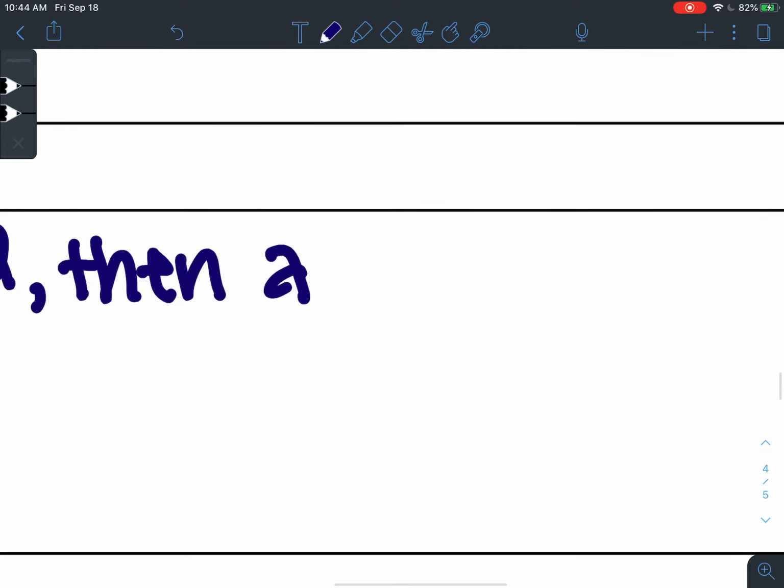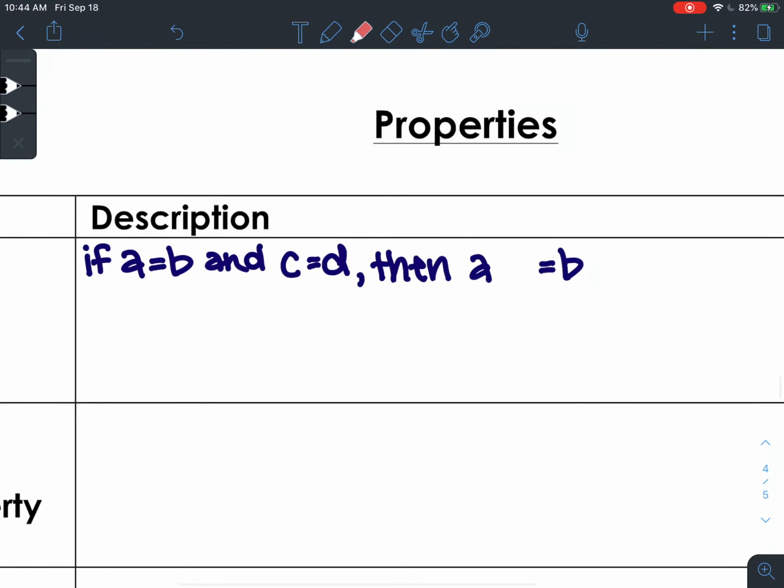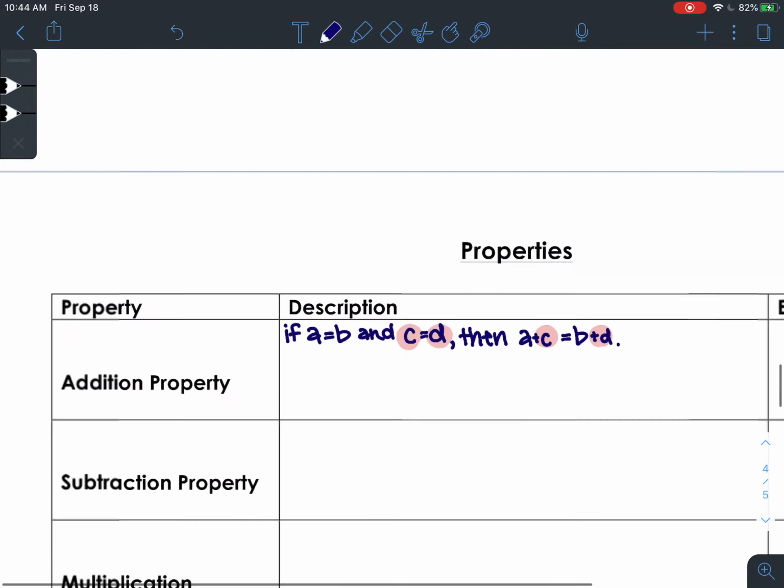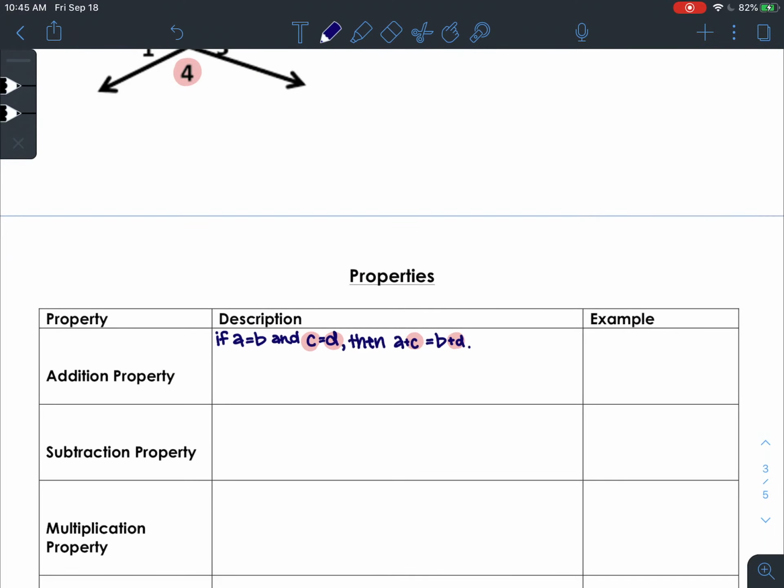So I'm going to do A equals B, but leave some space. But what the addition property says is I can take this C and add it to the A, and I can take this D and add it to the B, and the equality will remain true. So this is going to become A plus C is equal to B plus D. Okay, now that's the first version of the addition property.